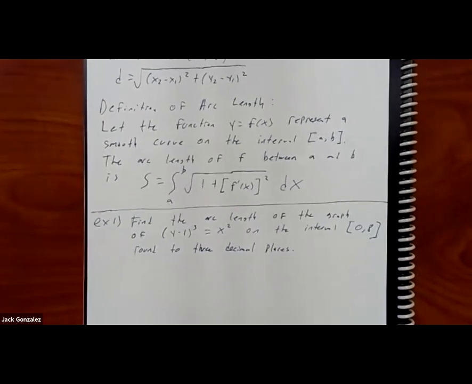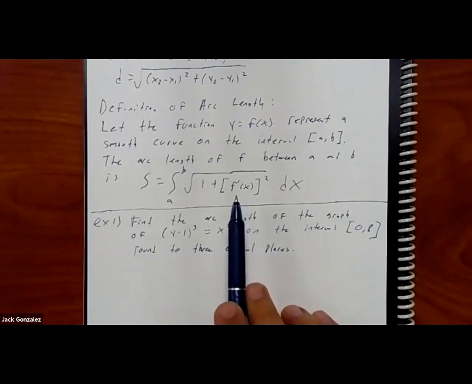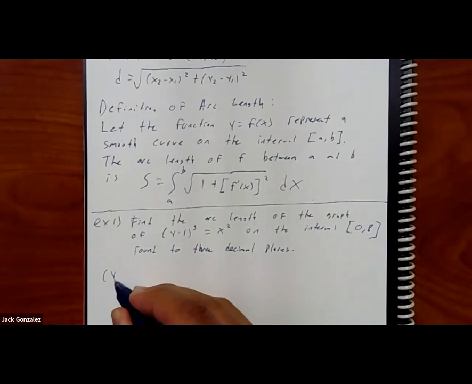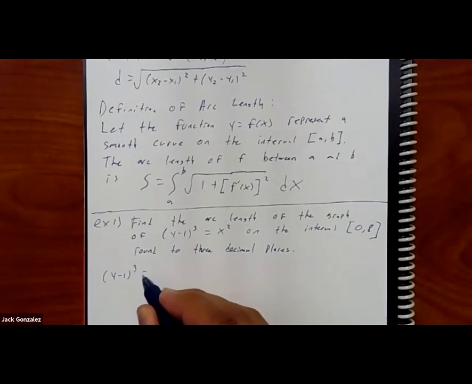Okay, 3 decimal places. So we have to solve for y in order to get it into this form, right? F and F prime. So the algebra will be the first part. We have to cube root both sides to solve for y.